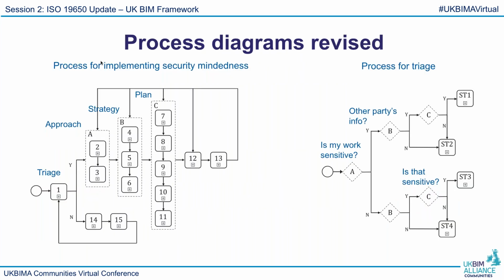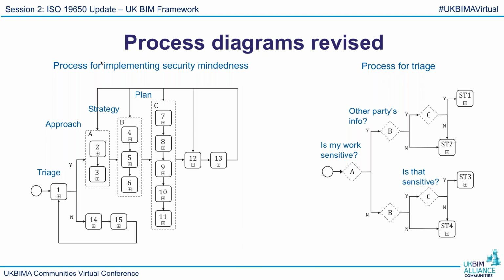The diagrams in Part 5 have changed. They've been made more international, more neutral. There's a diagram on the left which illustrates the overall process for implementing security mindedness. Now, actually, I'm not sure this really existed in this form in the PAS.